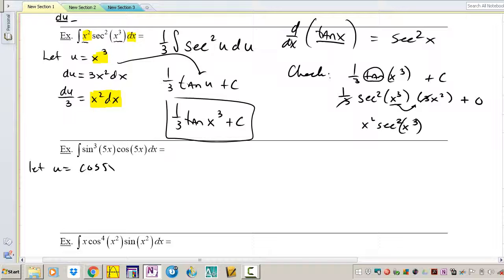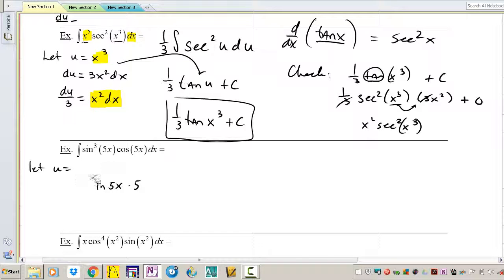Cosine 5x. Let u equal cosine 5x, so my du dx is negative sine 5x times 5. But I have a problem here. This sine doesn't have a power, but this sine does. It has a 3. It has to match. So I can't use cosine 5x.